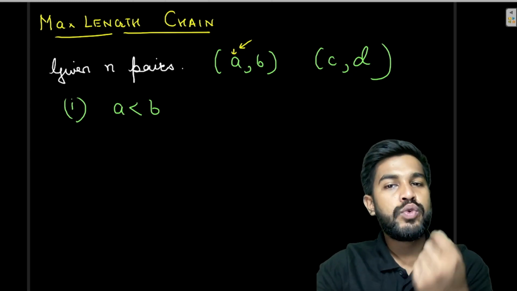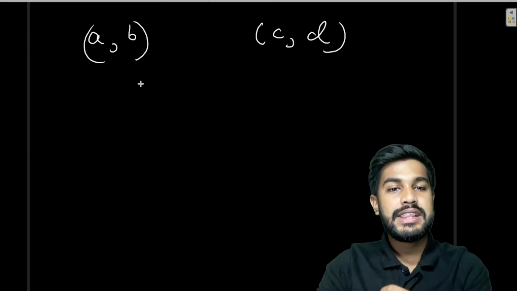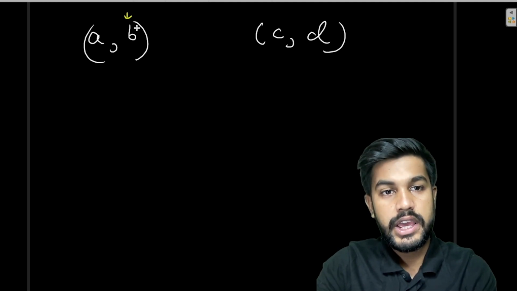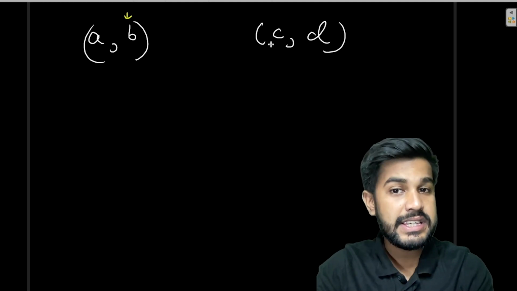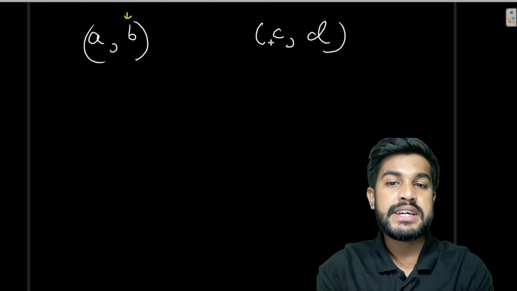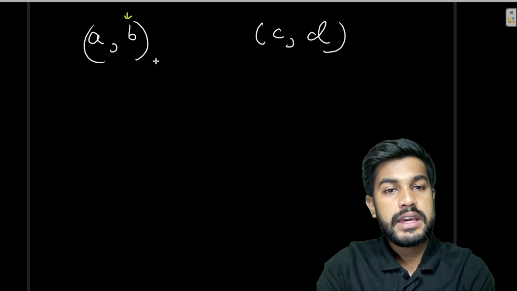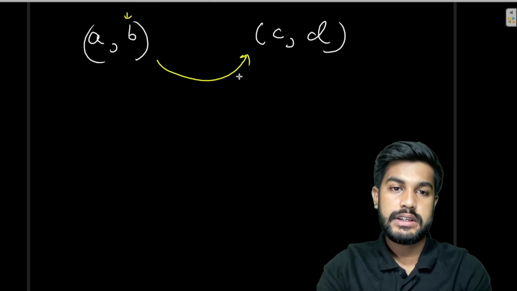Okay, so now let us move forward to the next condition. That is, if this B is less than C, then AB can follow CD.